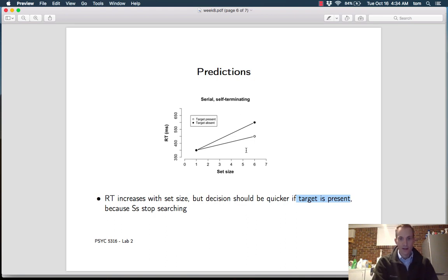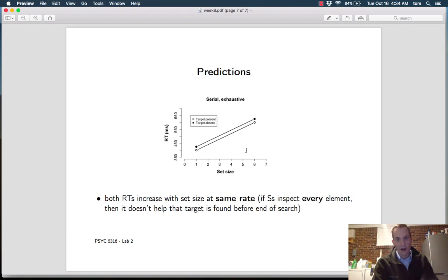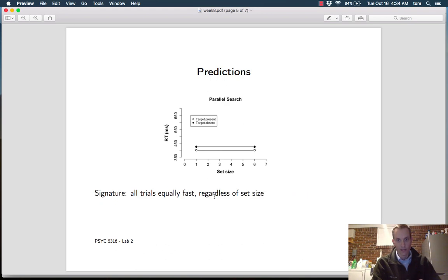Because the subject stops searching, you get a difference in slopes between the target present and target absent trials. Now, put that aside the other possibility, which is serial exhaustive. In this case, you would get slopes of equal size or equal rate, because it doesn't matter whether the target is present or absent. The participants continue to search every element in the list. So the signature here is, first, decide if it's parallel or serial, by deciding whether it is flat or increasing.